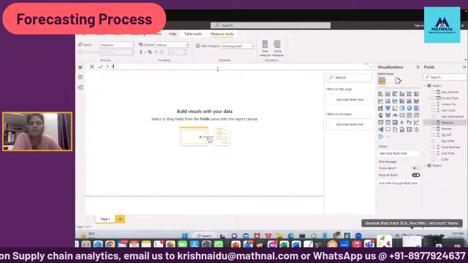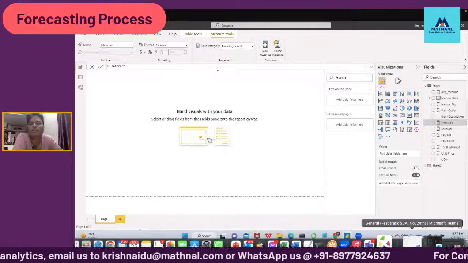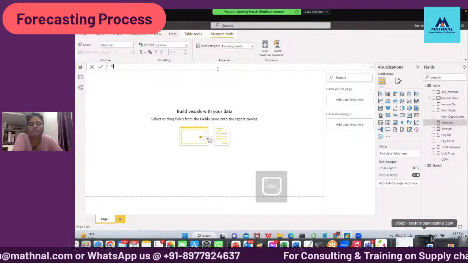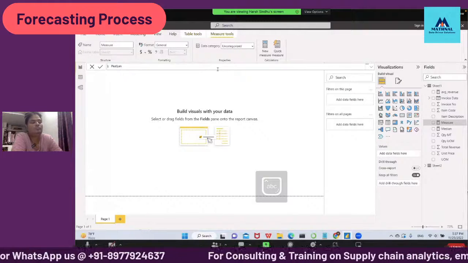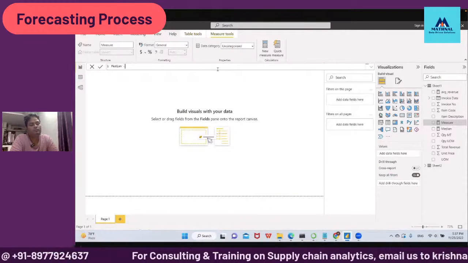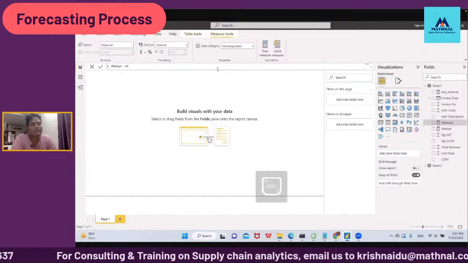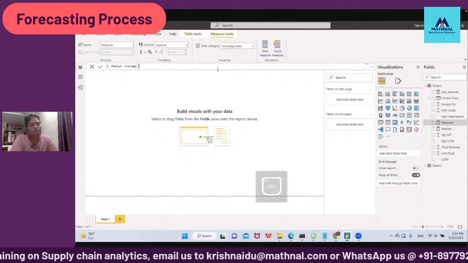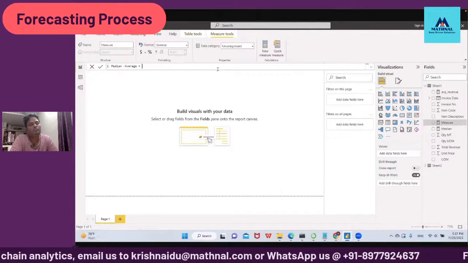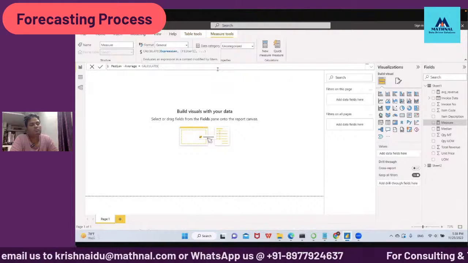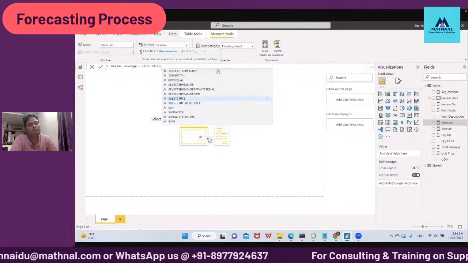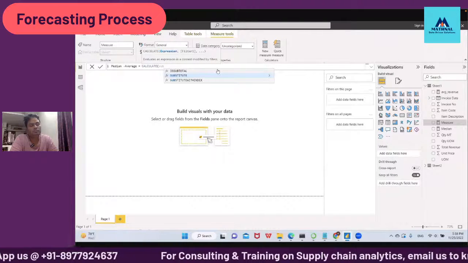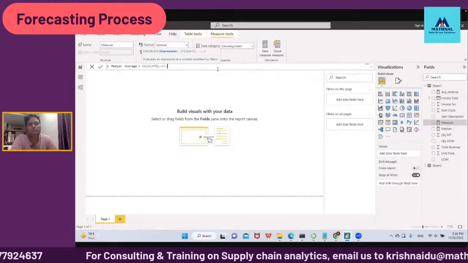So now the next function is subtraction. Just write the name, median minus average. But there is no subtract here.